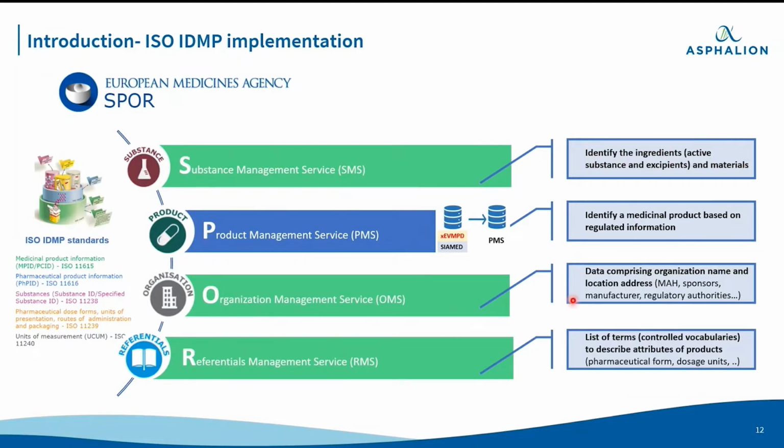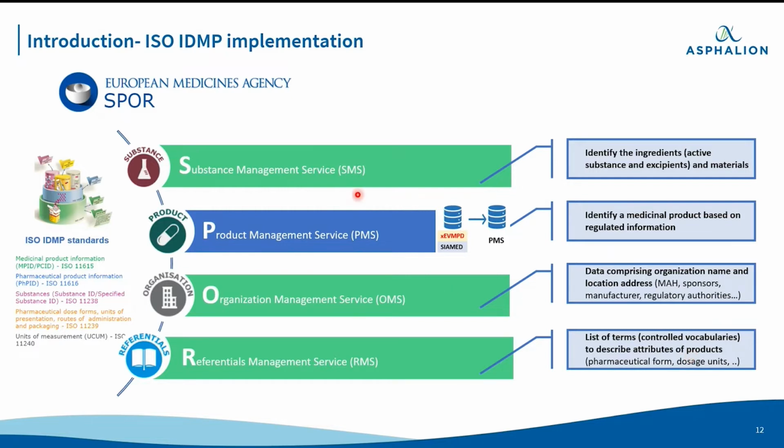The OMS has all the data that comprises organization name and location address, so marketing authorization holders, sponsors, manufacturers, regulatory authorities, etc. And the RMS is a compilation of lists, so a list of lists with control vocabularies that allows describing the attributes of products, so pharmaceutical forms, dosage units, and things like this.